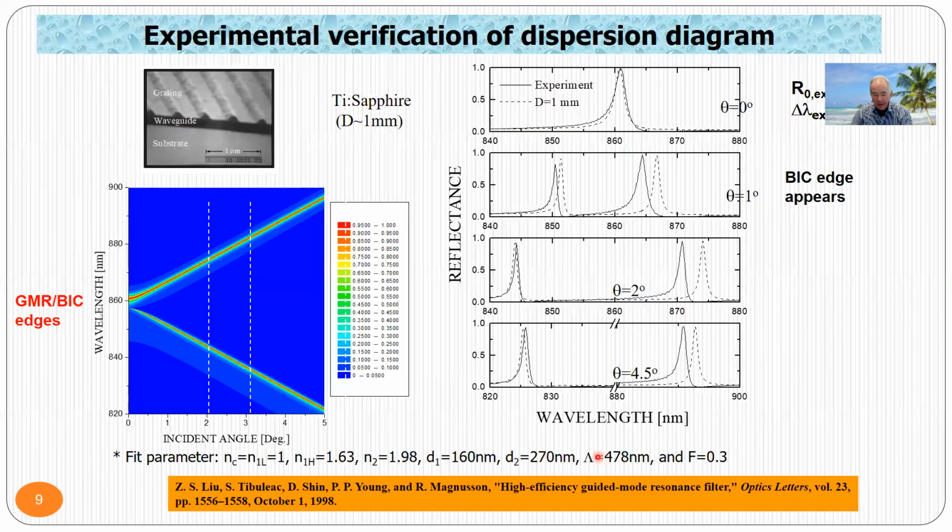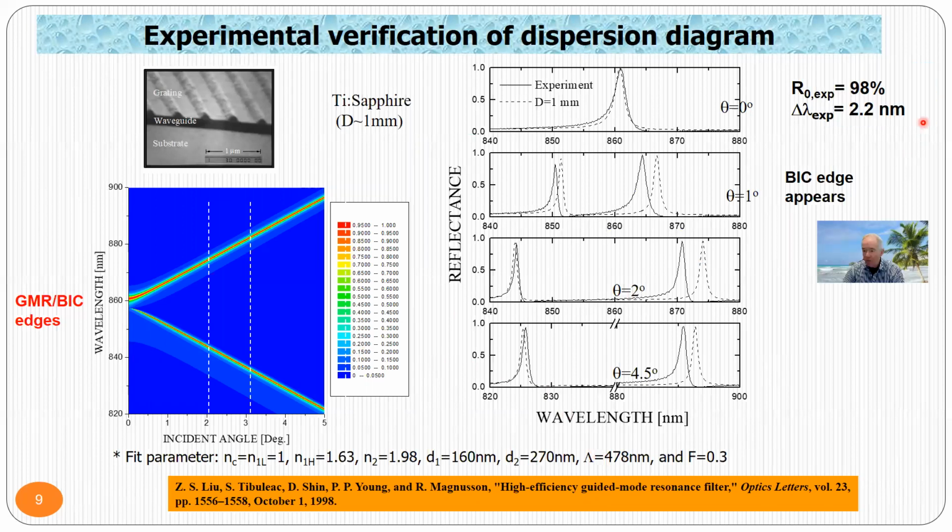So in 1998, we actually showed how this works, and basically you can call it an experimental verification of the dispersion diagram, because this is wavelength and this is incident angle, which represents the lateral wave number. And this was a world record experiment with very high efficiency, 98%, about 2 nanometer full width half max there.